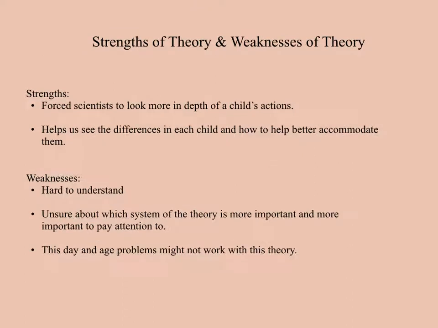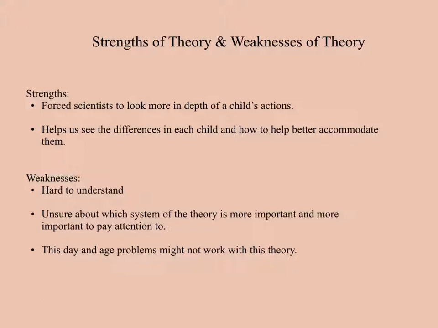Okay, and then I've got some strengths of the theory and some weaknesses. So some strengths are this forced scientists to look more in depth at a child's actions. So this helped us better understand children, which is something we need because we were children once. Understanding who we used to be can help us understand what can come for our future lives.